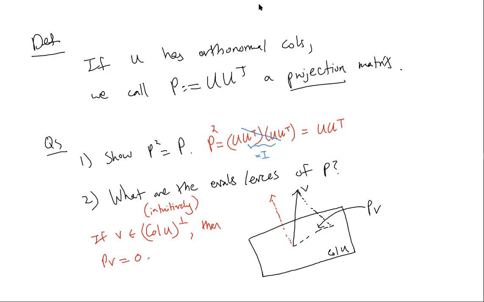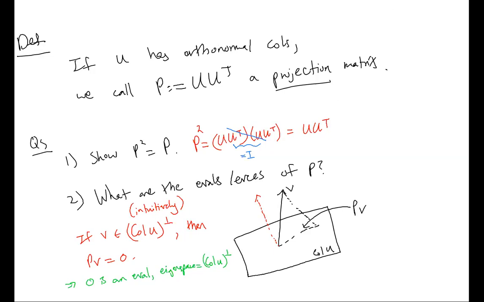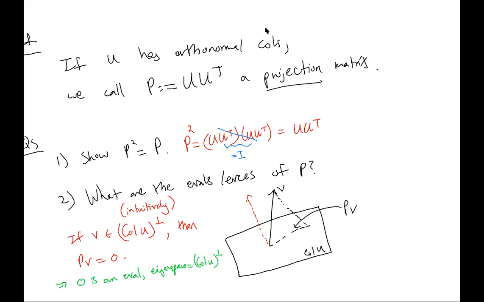Which means exactly that 0 is an eigenvalue, and the eigenspace is exactly all the vectors in the orthogonal complement to the column space. Okay, and then there's another vector that is scaled by something. What if you take V to be in the column space already?